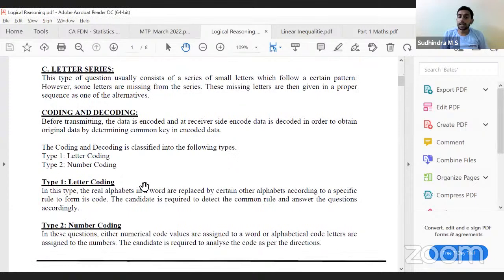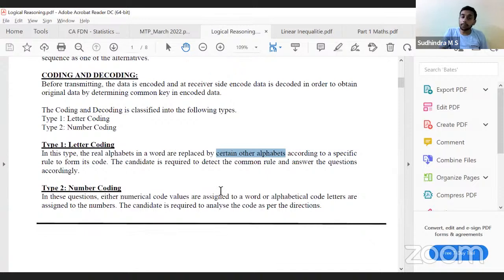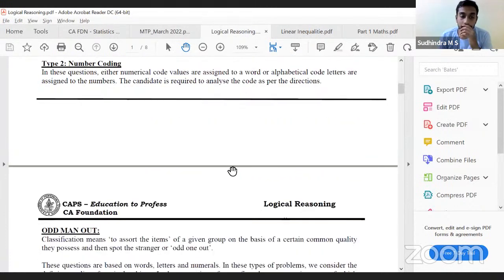In letter coding, real alphabets in a word are replaced by certain other alphabets according to a specific rule to form a code. The candidate is required to detect the common rule and answer the questions. Whereas in number coding, either numerical code values are assigned to a word or alphabetical code letters are assigned to the numbers. The candidate is required to analyze the code as per the directions. So it could be letter coding as well as number coding.